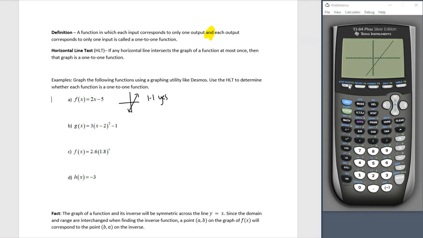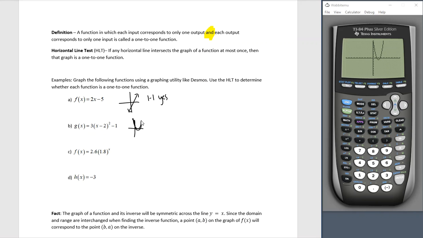So let's look at g of x. I'm going to clear this first function out and type it in exactly as it's written, 3 times parentheses x minus 2, a little vertex form going on for us. As we know, this is a parabola. A quadratic function has the shape of a parabola.